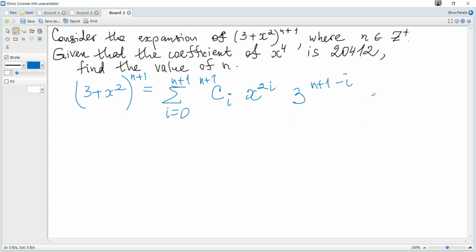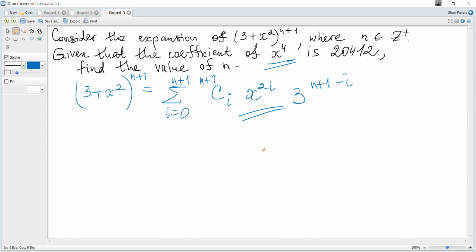And since we need the term containing x to the power of 4, you can see why we choose this term to be raised to the power i.